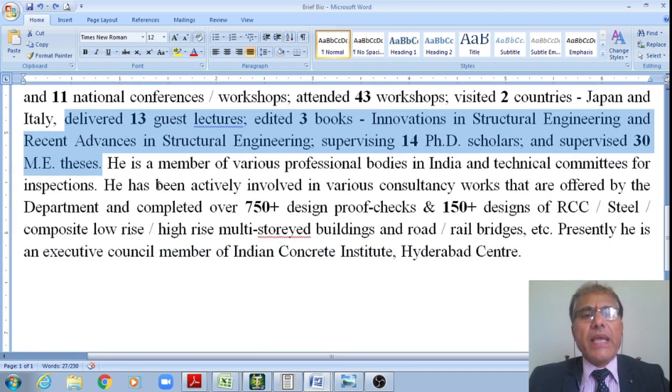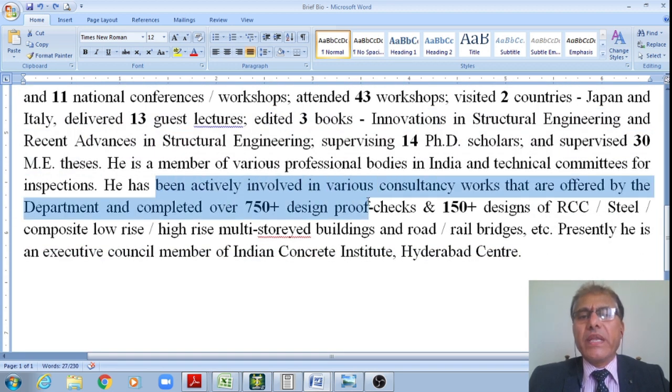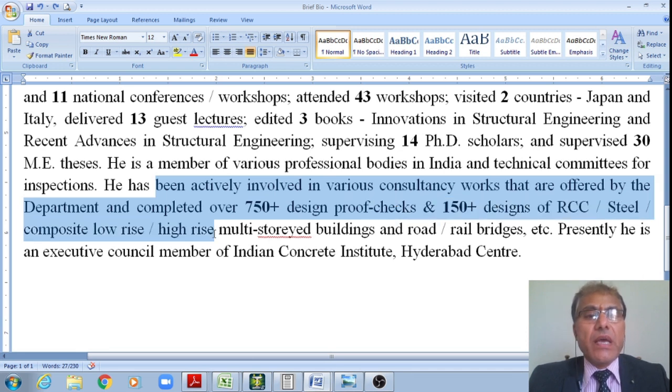I am presently actively involved in various consultancy works that are offered by the department and completed over 750 design proof checks and 150 designs of RCC, steel, composite, low-rise, high-rise, multi-storied buildings and road and rail bridges.